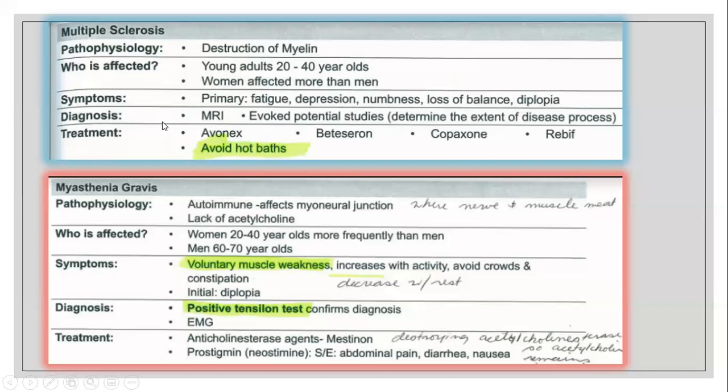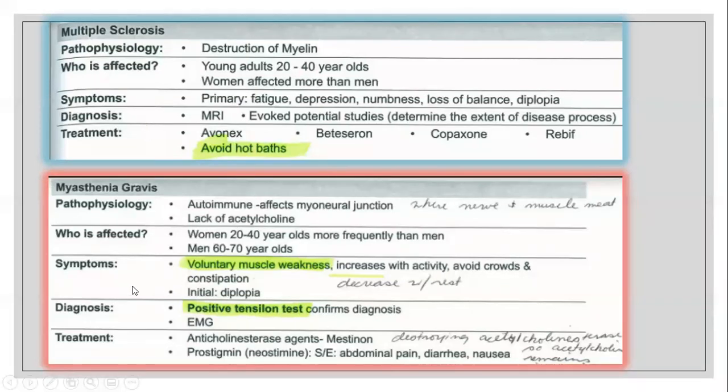And there is no known cause for multiple sclerosis. Treatment can substantially improve the symptoms. So for the NCLEX board, it is important to avoid the hot bath because the patient is already fatigued. When the patient goes for the hot bath, their muscles will be more fatigued.